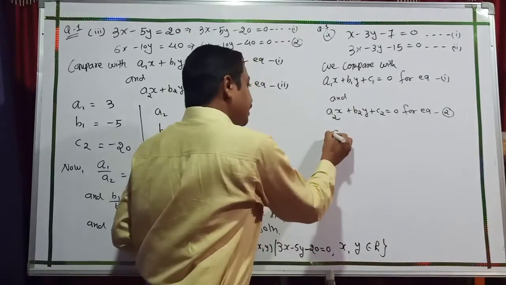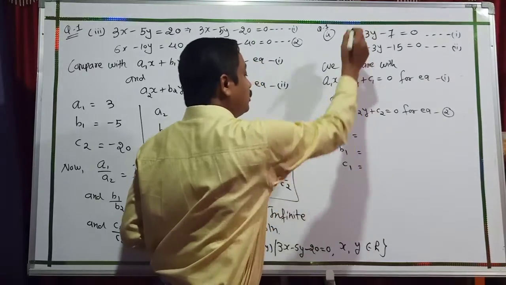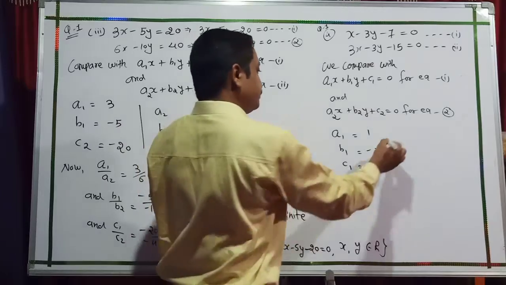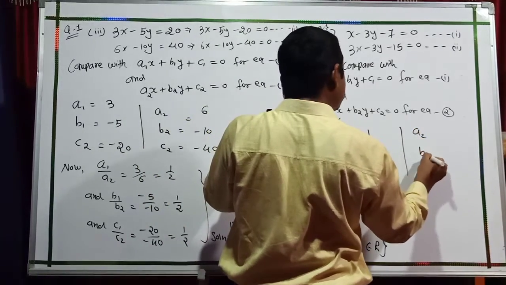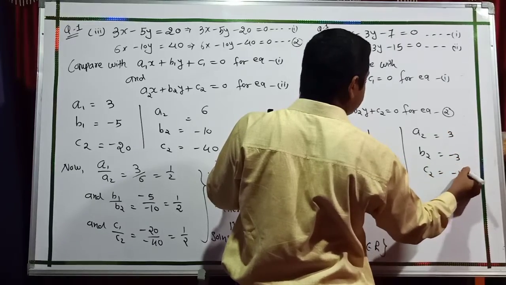So you can easily get a1, b1, c1: 1, minus 3, minus 7. And a2, b2, c2: 3, minus 3, minus 15.